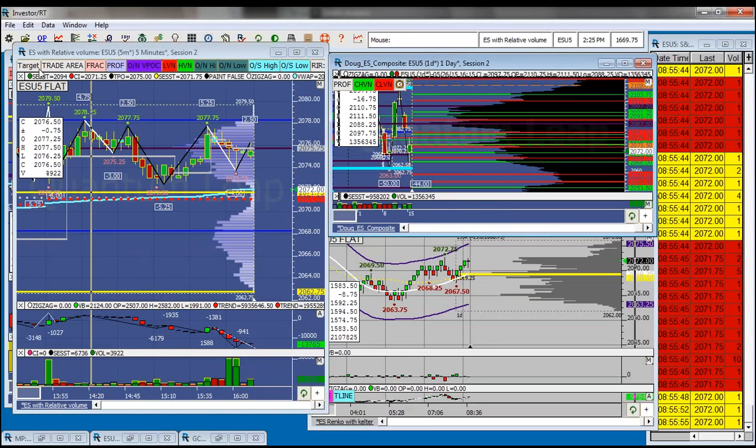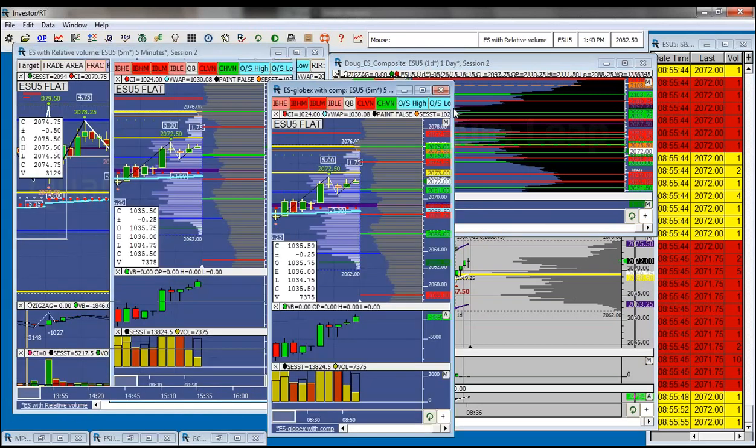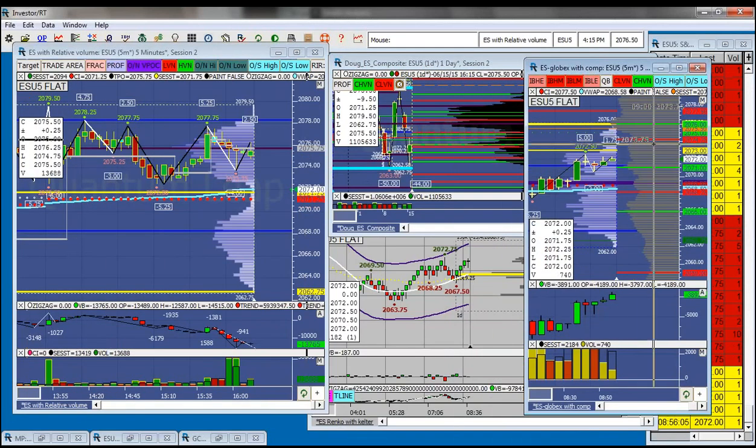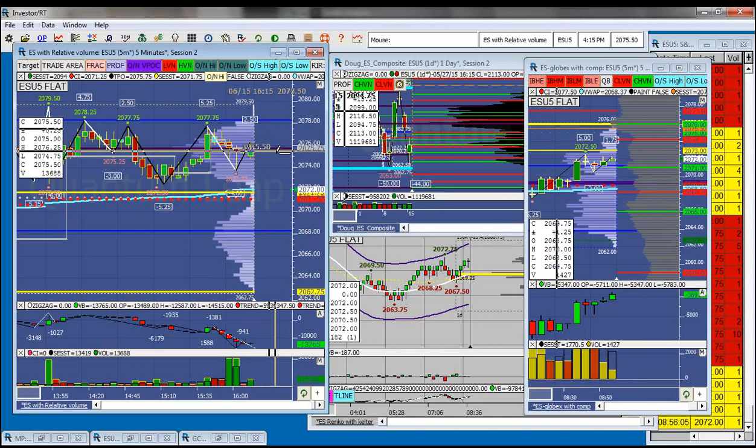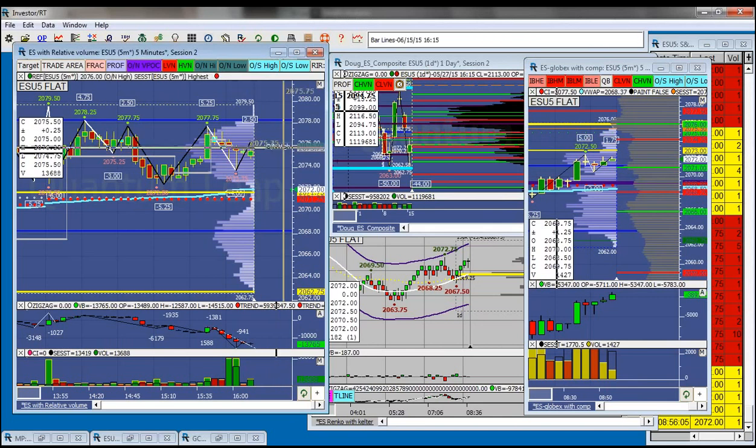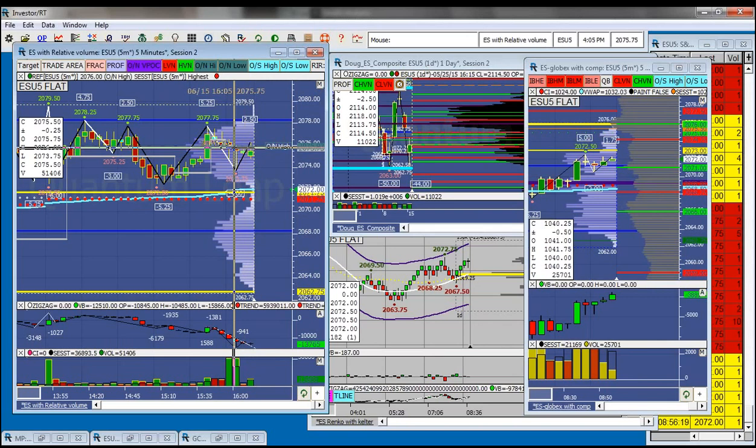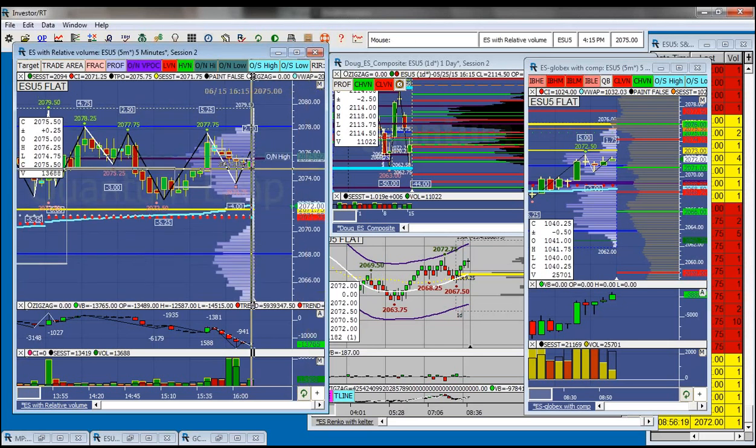Let's grab our overnight chart and start moving our levels over. We've got 2076 as our overnight high. Also was our week open at 76 and sitting just above the naked VPOC at 75.75 and just above the close for yesterday at 75.50.